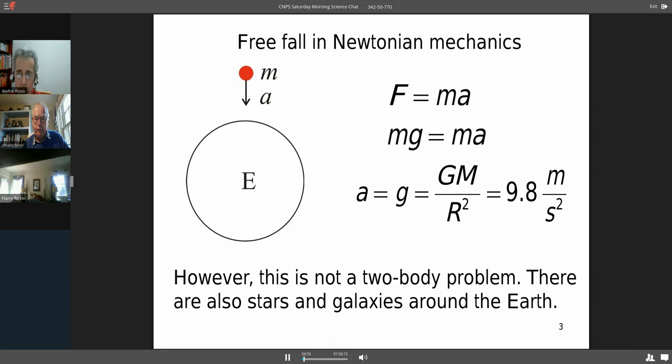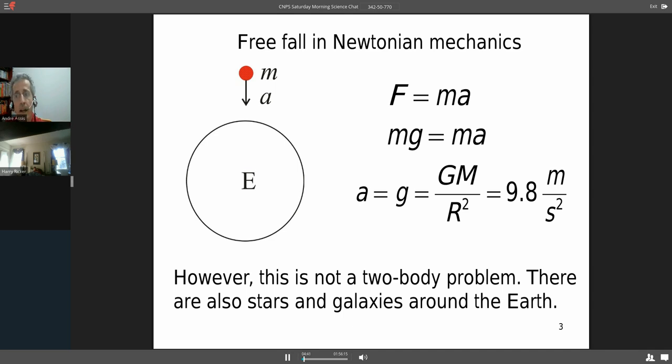If there are an infinite number of stars and galaxies, the force exerted by all of them might even go to infinity. So in principle, we cannot neglect them. And Newton, he was so bright that he took them into consideration.